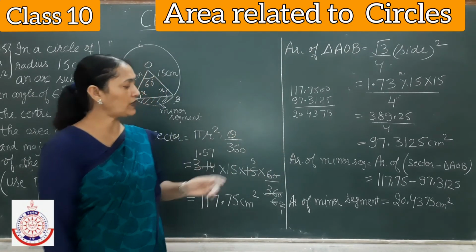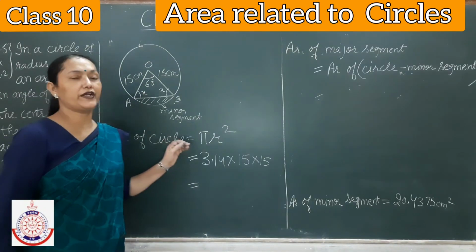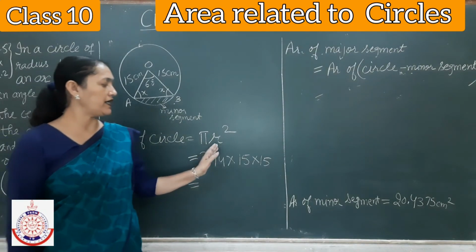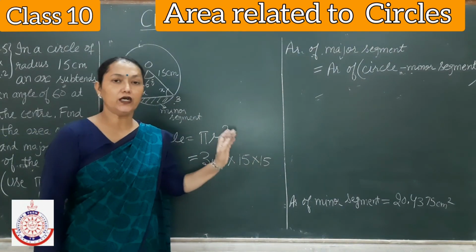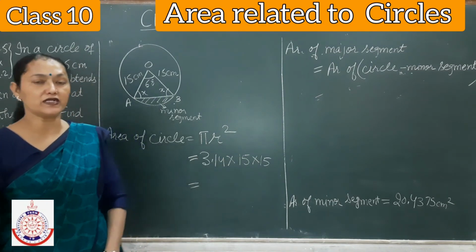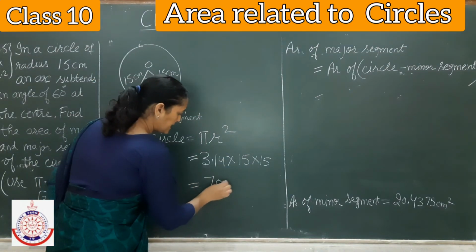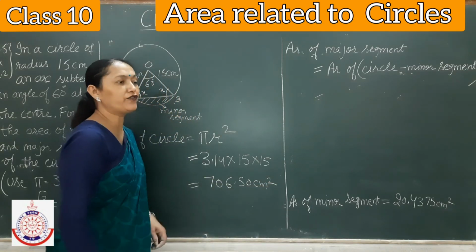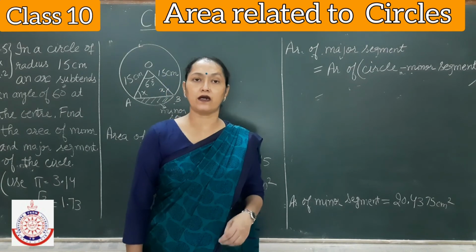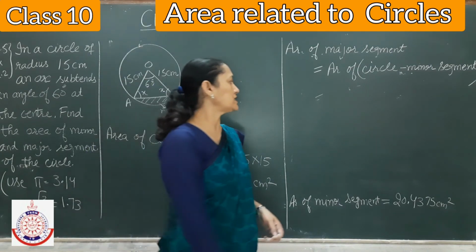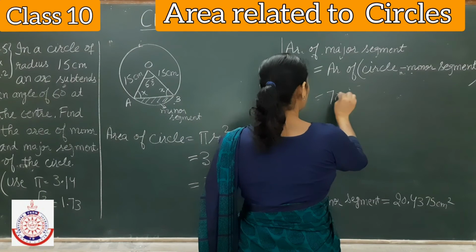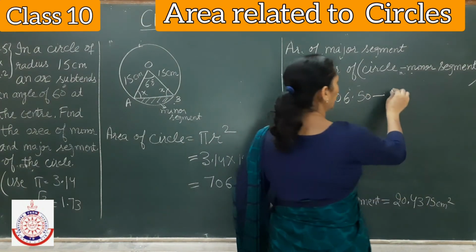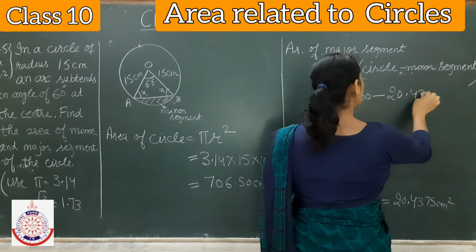So first of all, we have to calculate area of circle, that is pi r square. Pi is 3.14, radius is 15 into 15. So after multiplying all these three numbers, we will be getting 706.50 centimeter square. And area of major segment is area of circle minus area of minor segment. Circle we have obtained 706.50. Minor segment we have obtained 20.4375.